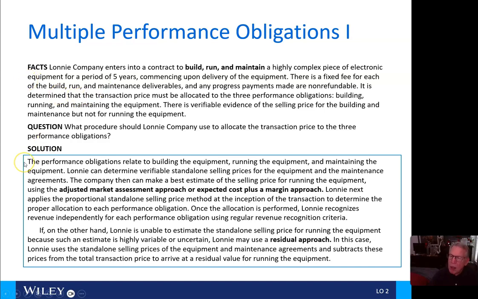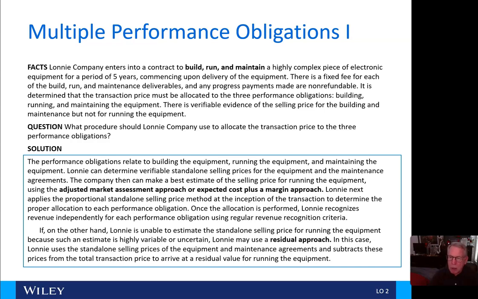And here, the performance obligations relate to building the equipment, running the equipment, and maintaining the equipment. Lonnie can determine verifiable standalone selling prices for the equipment and maintenance agreement. The company can then make its best estimate of the selling price for running the equipment using the adjusted market assessment approach or the expected cost plus margin approach.